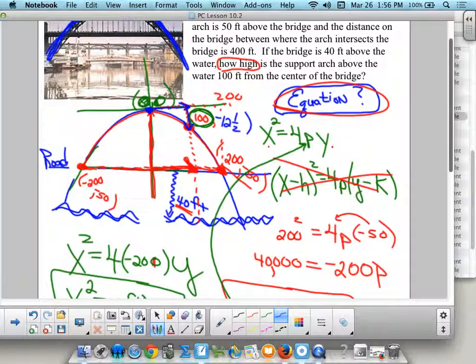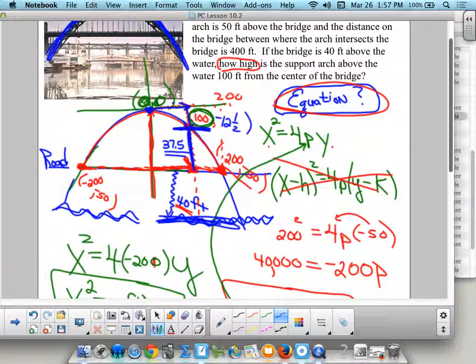How high is the support arch above the water? So what I'm asking for is, here we are right here. How high above the water are we? From there to there. We better figure this distance out right here. What's that distance? Isn't it 50 minus 12.5? Isn't this 37.5?